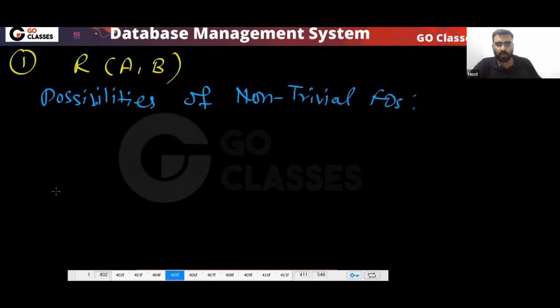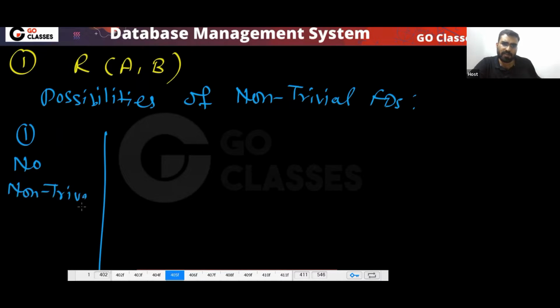The first possibility is no non-trivial FD. If you don't have a non-trivial FD, then there is no problem. Yes or no? Correct?